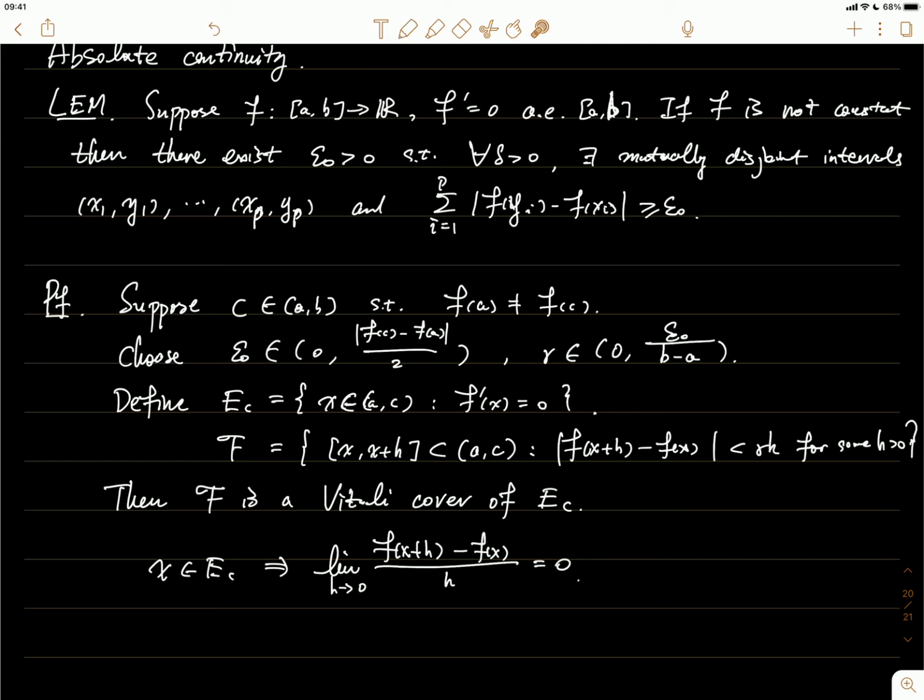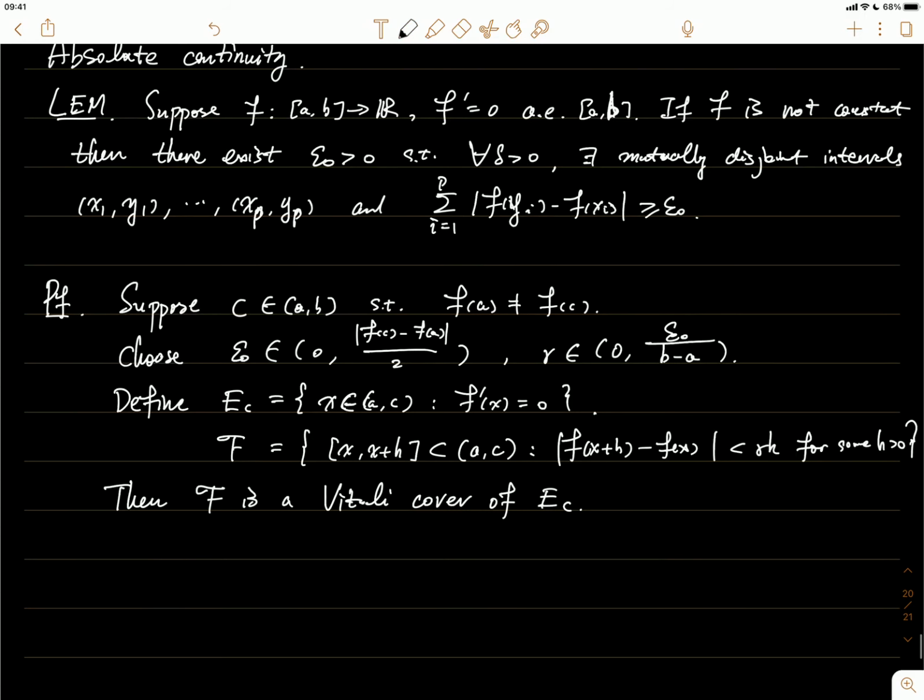And that means for h small enough, this will be smaller than r. So the interval x to x plus h will satisfy that for some h. Every point from EC can be covered by an interval in F, and it doesn't matter how small it is. H can be arbitrarily small, since this will hold for any h sufficiently small. That's why this is a Vitali cover of EC.